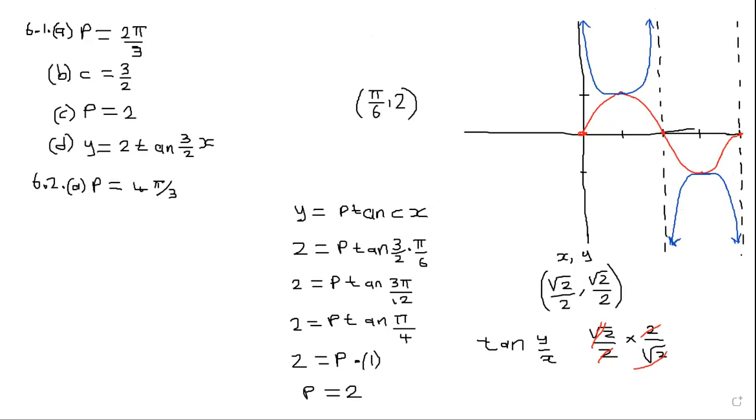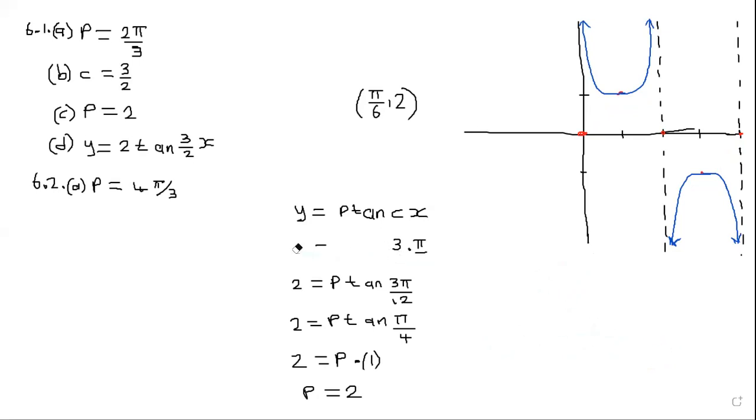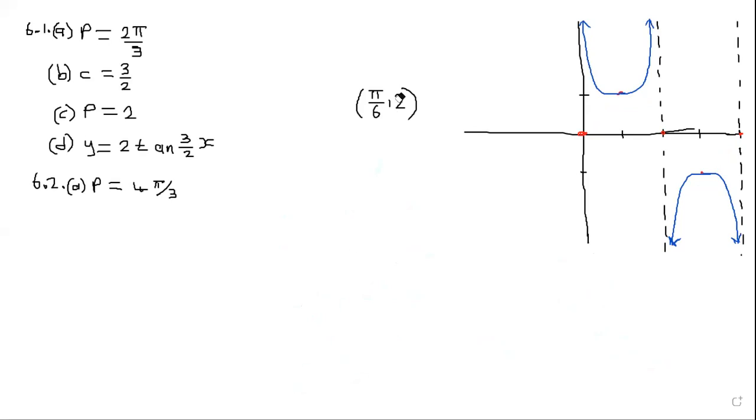And this other graph will be the cosecant graph. So that's how you draw a cosecant graph. So this is the standard form of the cosecant graph. While we keep that in mind, let's go back to the questions.